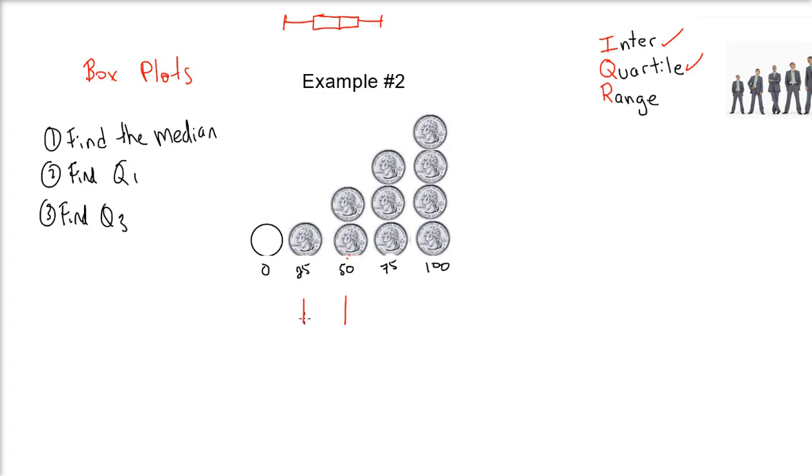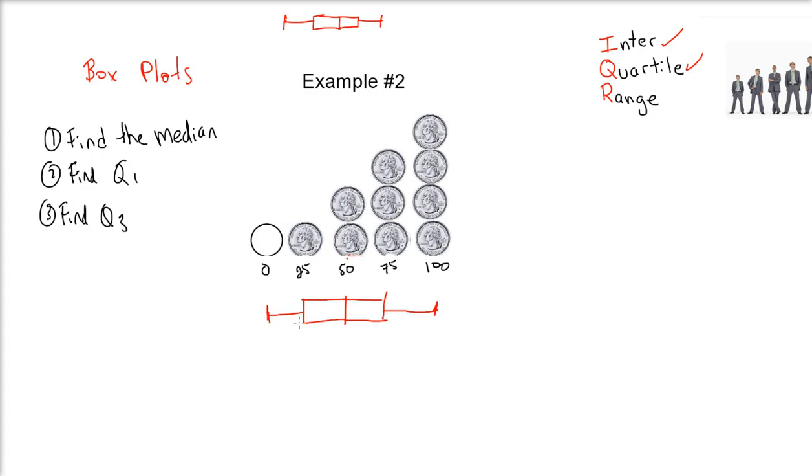So that's the lower bound. And what is the number between 50 and 100? 75, right? So let's make a box on the left and a box on the right. The max value is going to be 100, and the min value is going to be 0.